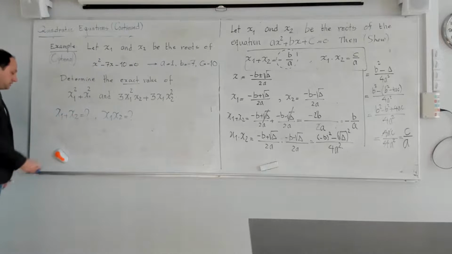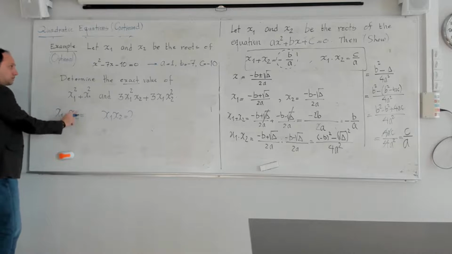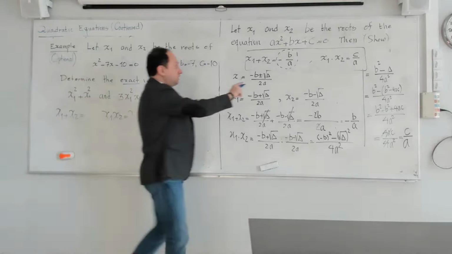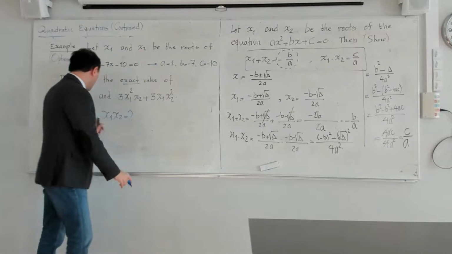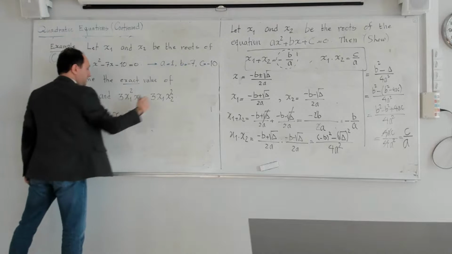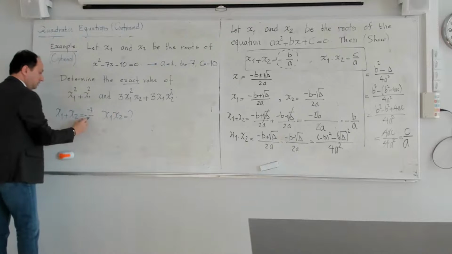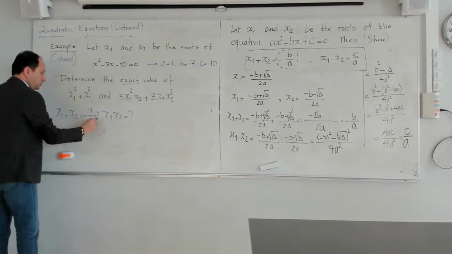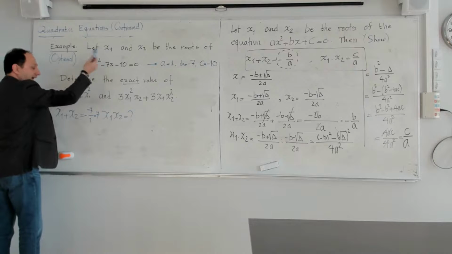If I ask you this, you can immediately answer that. x1 plus x2. Look at here. It's minus B over A. So it becomes minus B, minus 7, over A, which is 1. So if you don't trust me, go and solve this and add the roots.